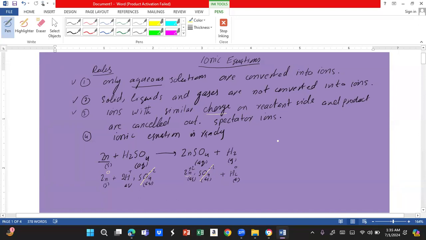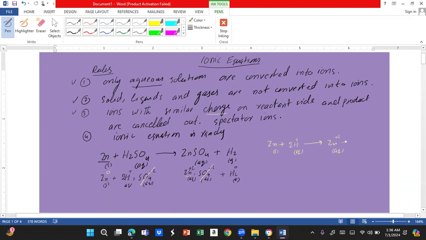We will write it here. Zinc is left, plus, which is solid. 2H positive is left, aq, arrow. Zinc positive 2 is left. We have to write aq.